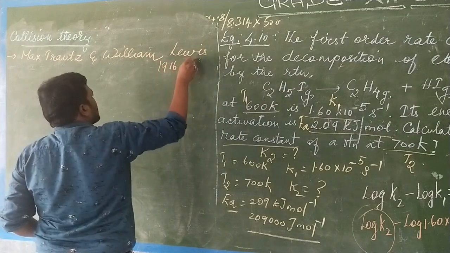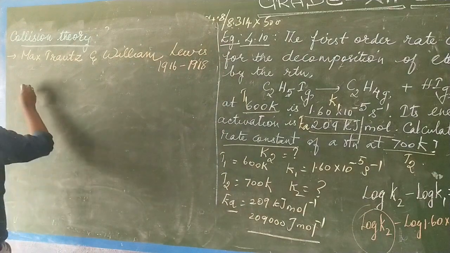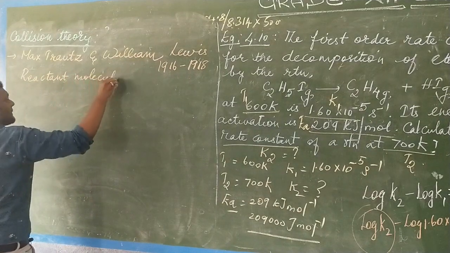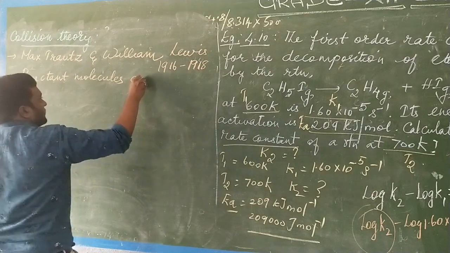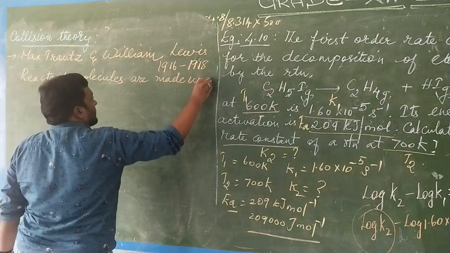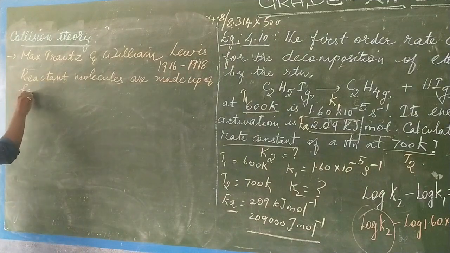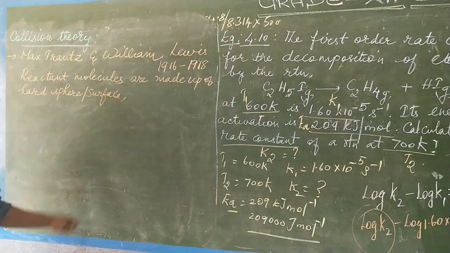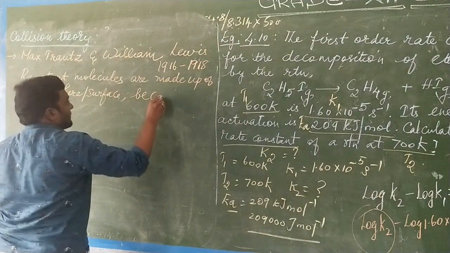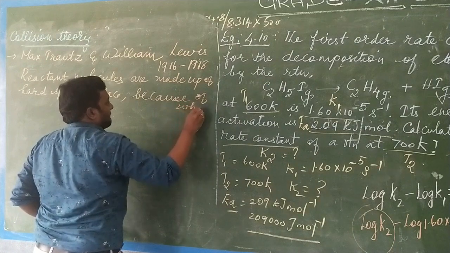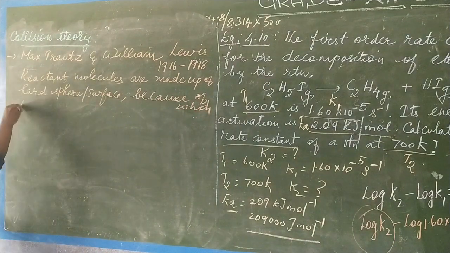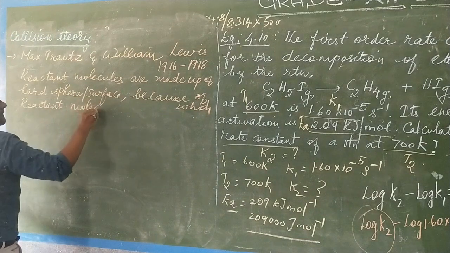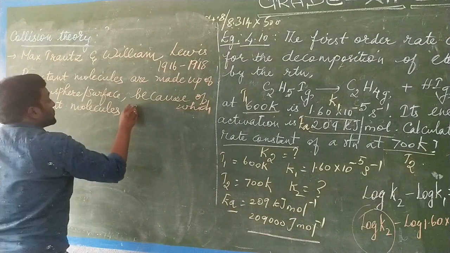In the years 1916 and 1918, they said the reactant molecules are made up of hard spheres, because of which the reactant molecules collide with one another.